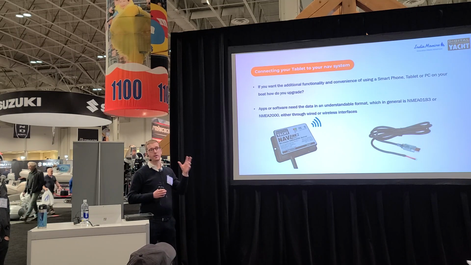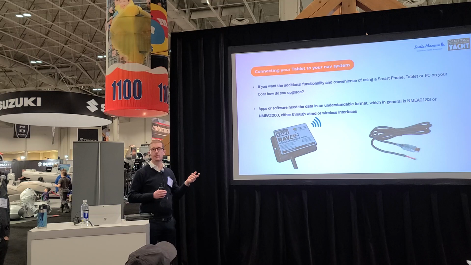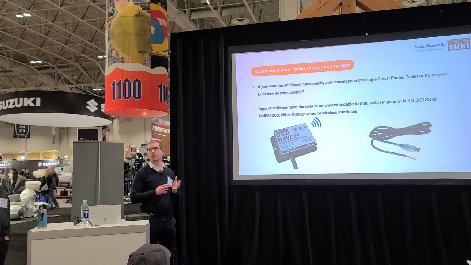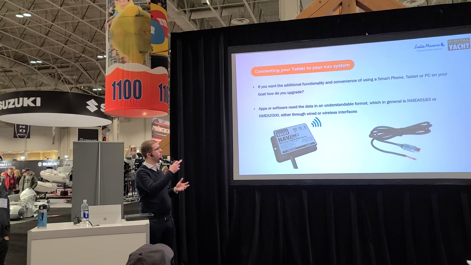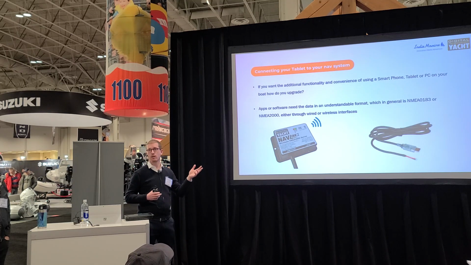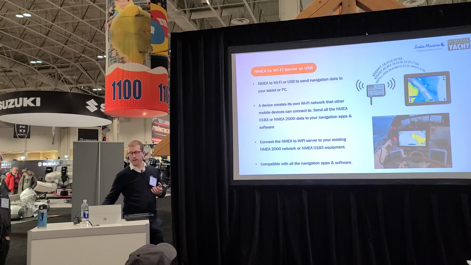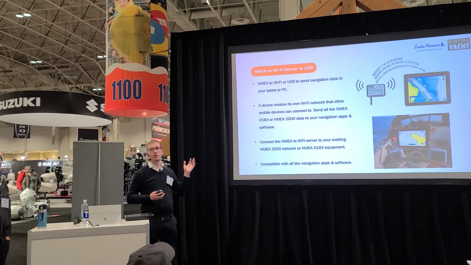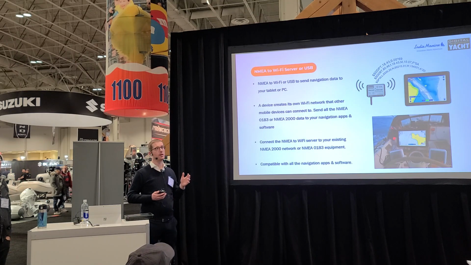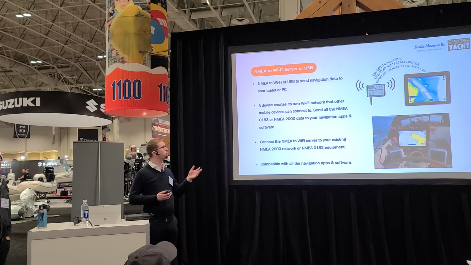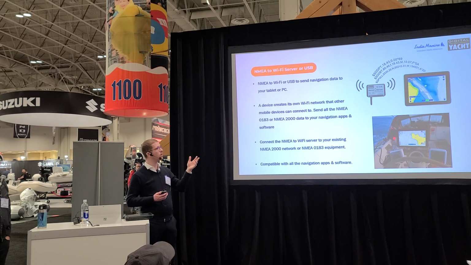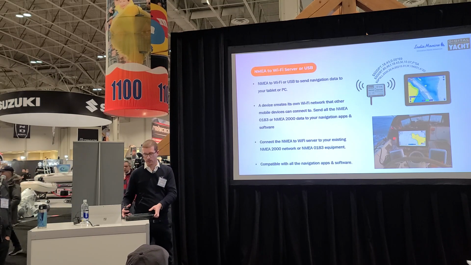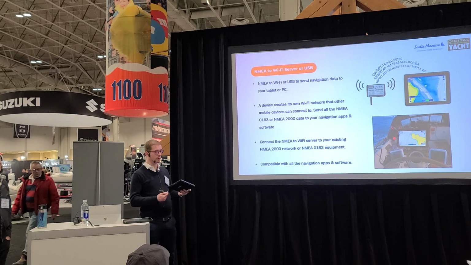Most of the old sensors, like Raymarine C80 or B&G Hydra 2000, use NMEA 0183, and the newest one is called NMEA 2000. By connecting what we call an NMEA to Wi-Fi server or USB, we connect this to your equipment on board, no matter what type of instrument, chart plotter or autopilot you have, and all the data will be transferred to your tablet.